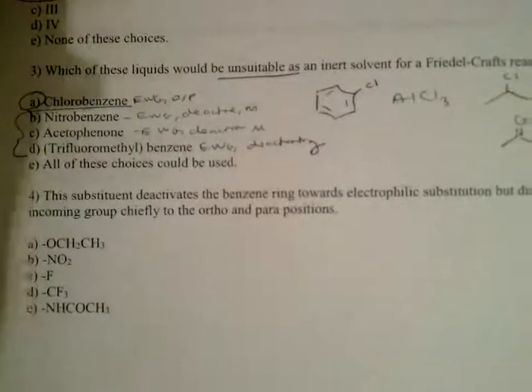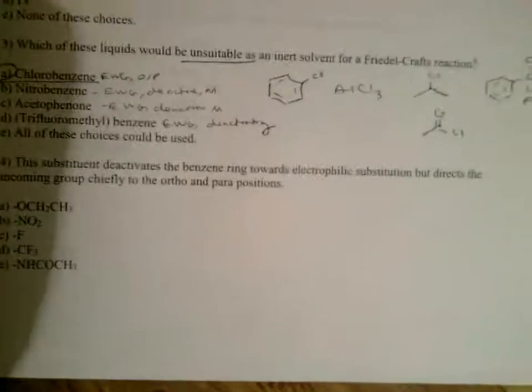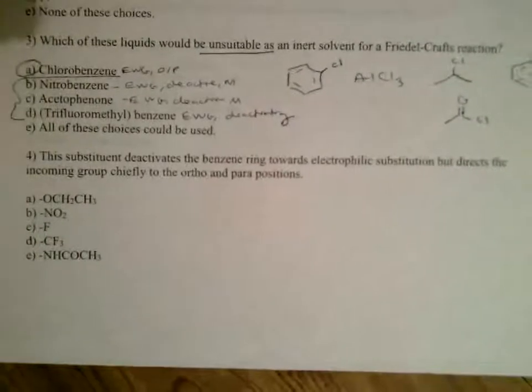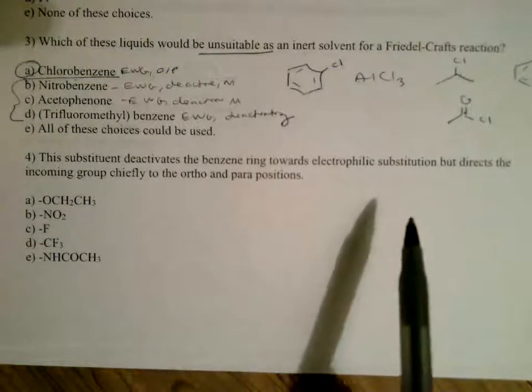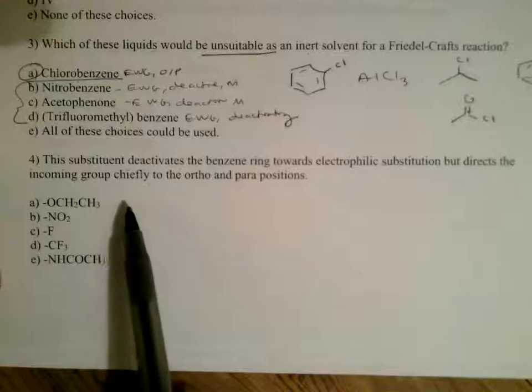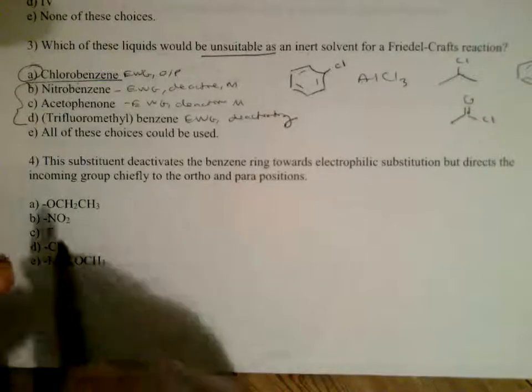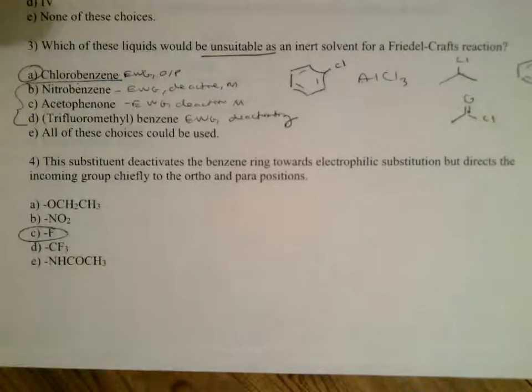Lastly, the substituent deactivates the benzene ring towards electrophilic substitution, but directs the incoming group chiefly to the ortho and para positions. So that is going to be your exception.